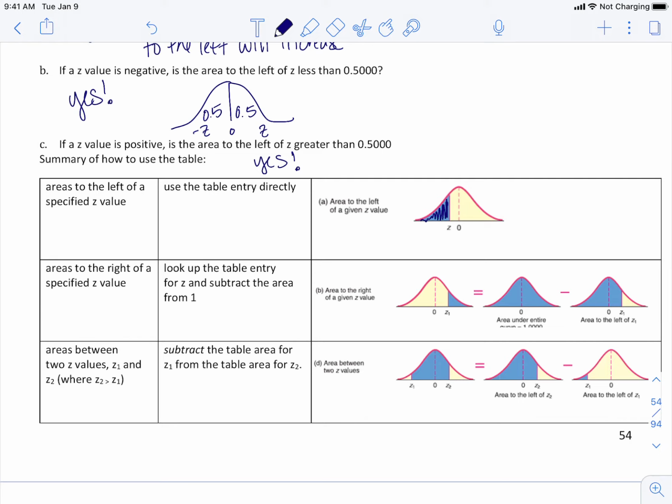Areas to the right of a specified z value, you look up the table entry for z and subtract the area from 1. So if we're looking for this to the right, we take the entire curve, 1 minus the area to the left. And this is similar to what we did with the binomial, geometric, and Poisson distributions, where anytime we wanted greater than or equal to a value, we did 1 minus the less than or equal to.